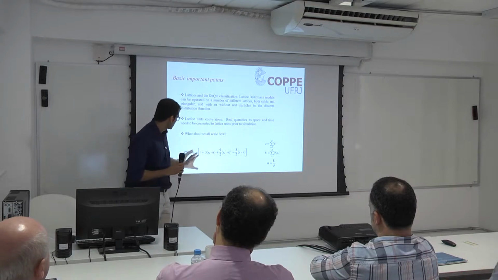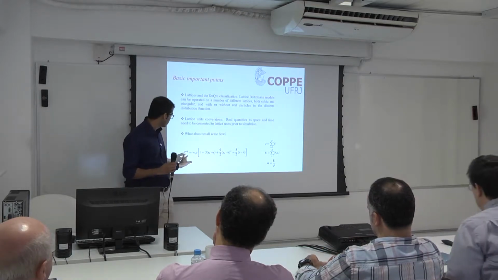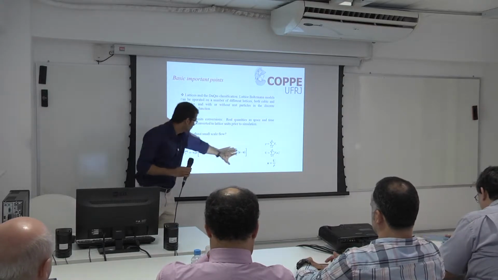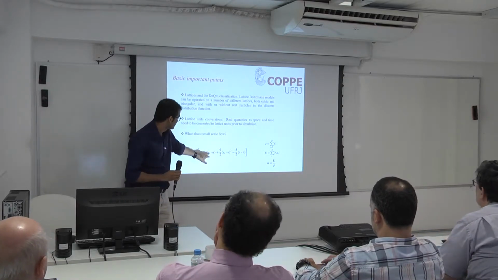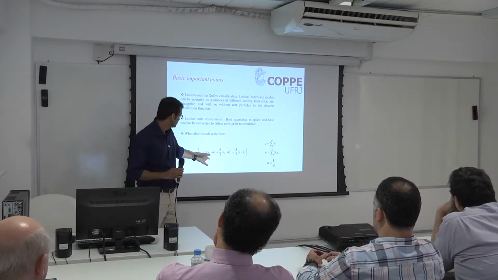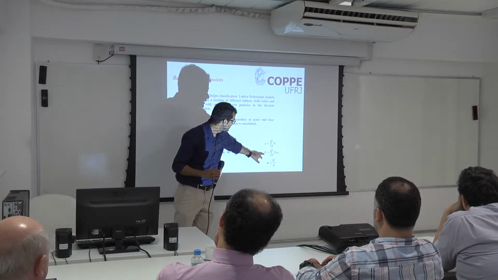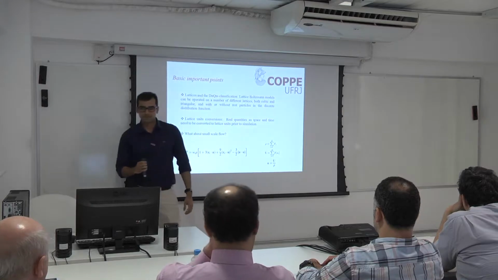So this is just an equation for how to calculate your distribution function for each lattice point. These are the microscopic velocities. And this is the density, this is momentum, and this is the velocity.